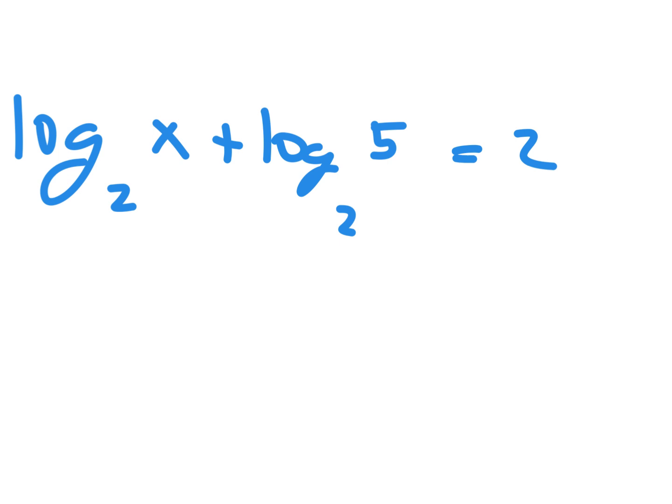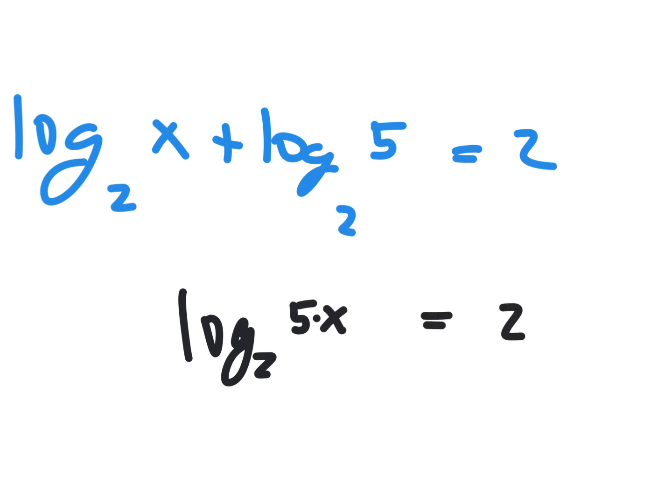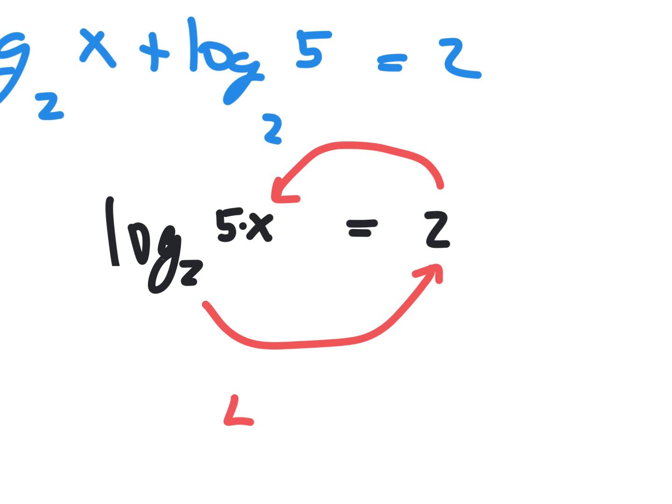That's going to be 1 log base 2. Did you realize it was log base 2 of 5 times x? Could have said x times 5, but that feels kind of backwards. And it equals 2. Then, circle of logs. 2 to the 2nd equals 5x. 2 to the 2nd is 4 equals 5x. And then if you can't solve it from there, you're in the wrong class. You just want to get the x alone.